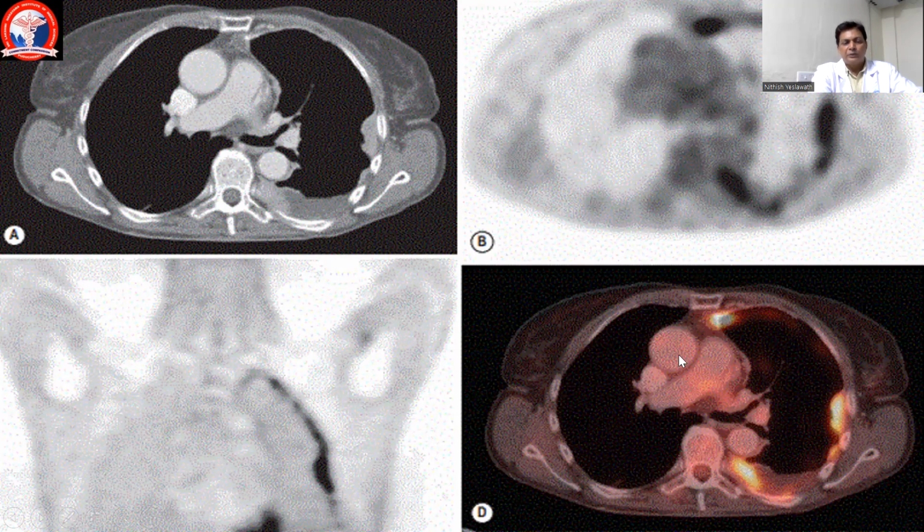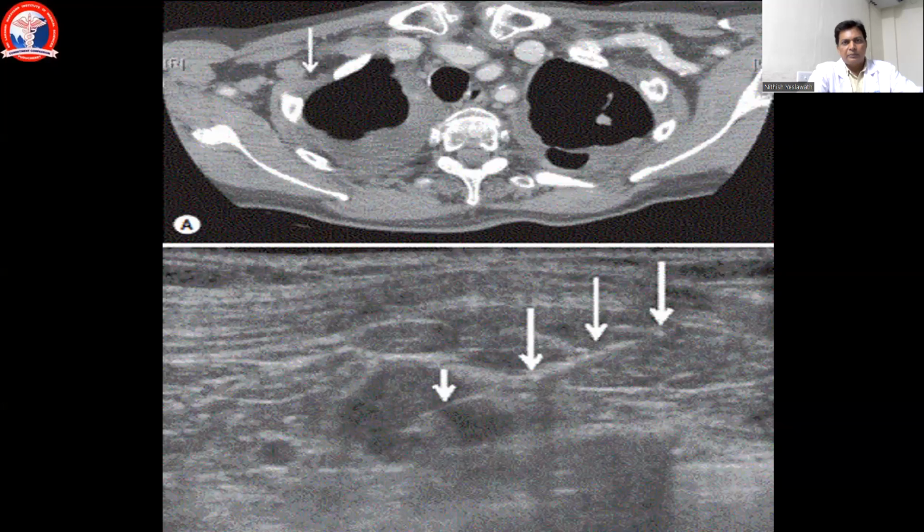This is a fusion image, CT scan and PET image fused. That is clearly showing the uptake activity here, the radioactive material. So this was malignant mesothelioma. We'll see the next image.